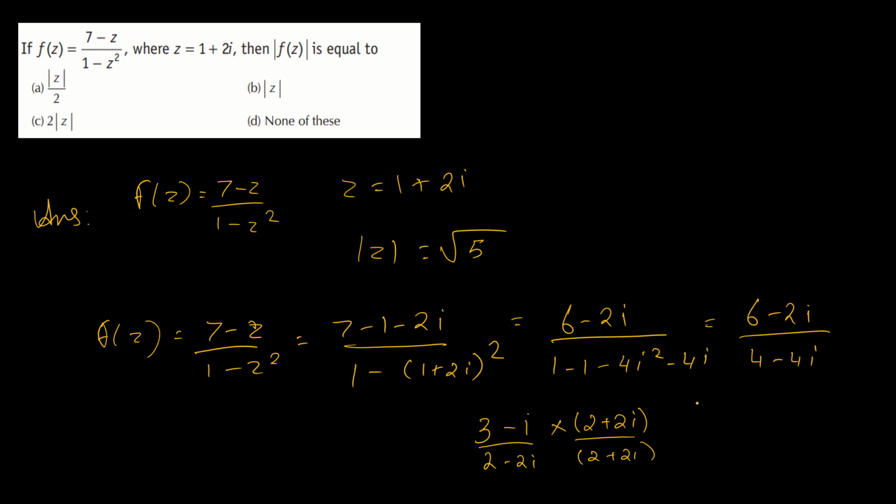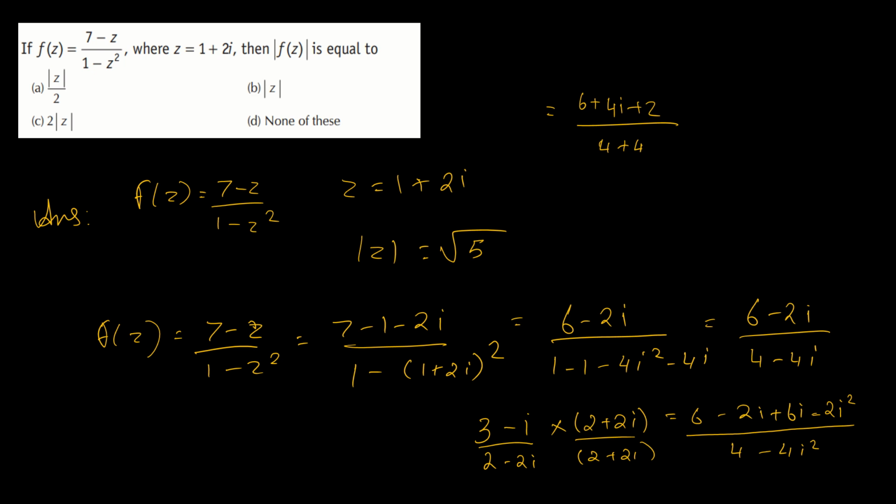After that, we get (6 minus 2i plus 6i minus 2i square) divided by (4 minus 4i square), which is again equal to (6 plus 4i plus 2) divided by (4 plus 4).